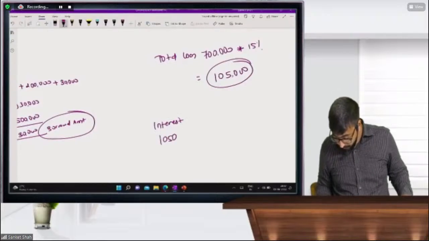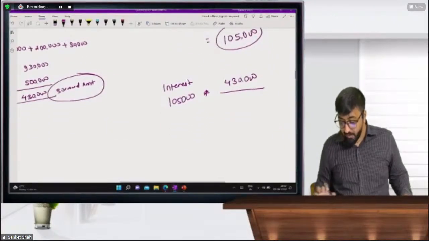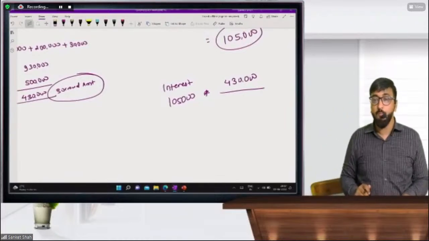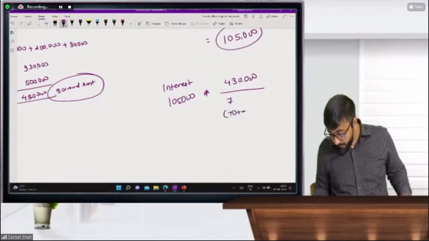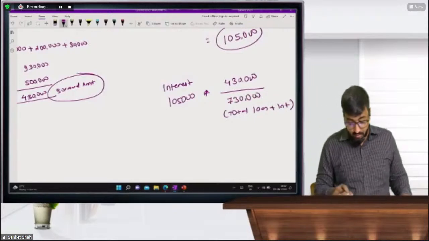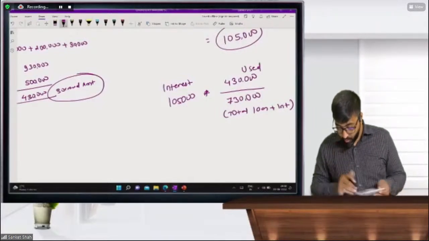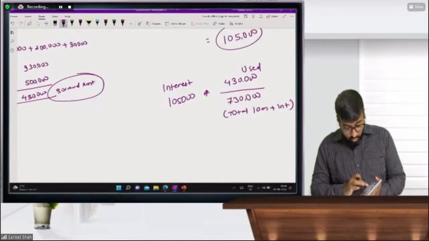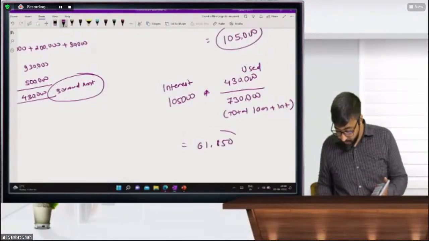But beta, you received 5 lakhs rupees, so you used only 4,30,000. How much amount did you use, beta? Only 4,30,000. And now your total loan including interest, we will assume that interest is not yet paid, is 7,30,000. You used only 4,30,000 out of this. So you have not used the remaining progress payment you received. So your interest to be capitalized is 61,850.